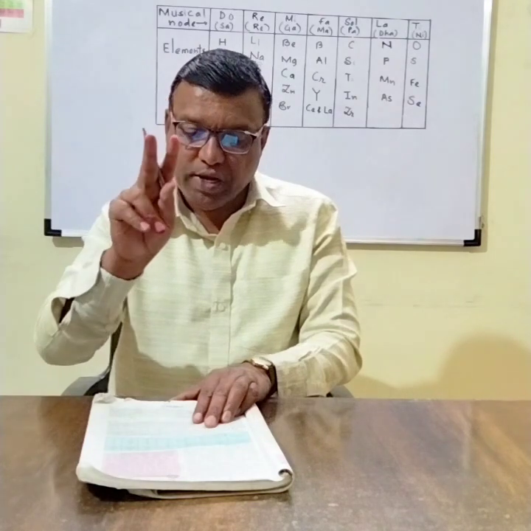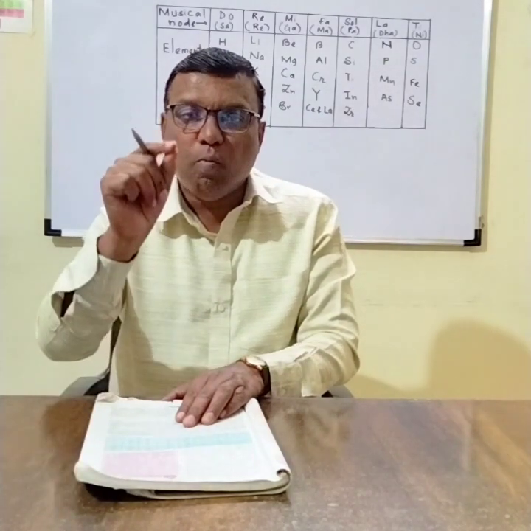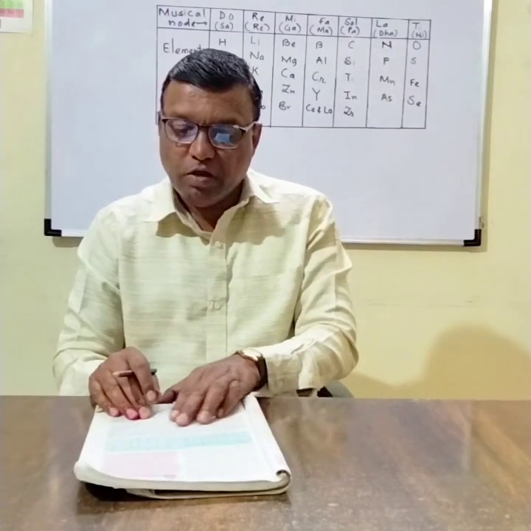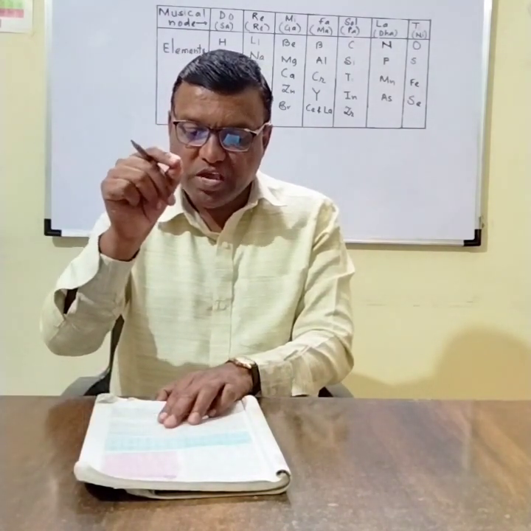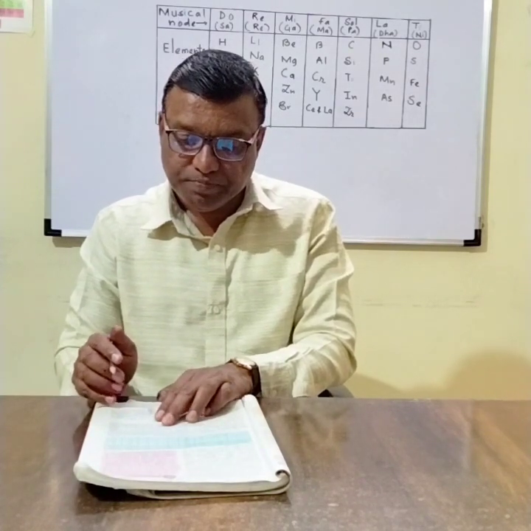Newland placed 2 elements in some boxes. For example, Newland placed cobalt and nickel in one box. For example, Newland kept cerium, Ce, and lanthanum in one box. So this was the drawback.